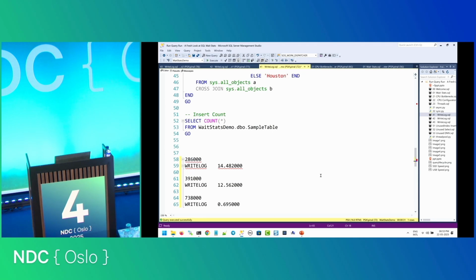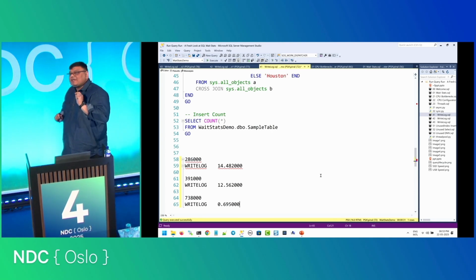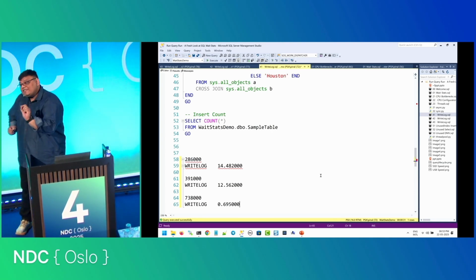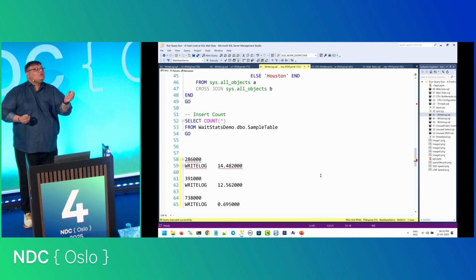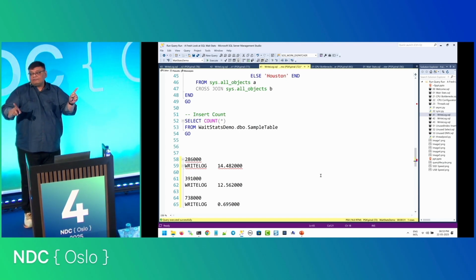But do you know what happened by doing this? We fixed one thing, but now we have a different problem. Do you guys know what problem we are having right now? I'll show you. It's going to be fun. But I hope you understand how wait statistics actually points us to the real problem, not the side effects. It's one of the most effective ways to do performance tuning.